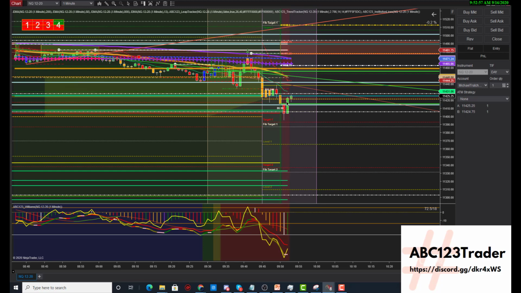Now what we want to look for, if this is the case, the pullback, maybe hit the stop out, or hit right at this point of volume point of control, turn, and let's go for it.